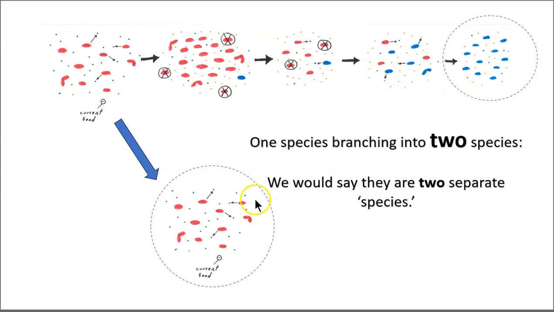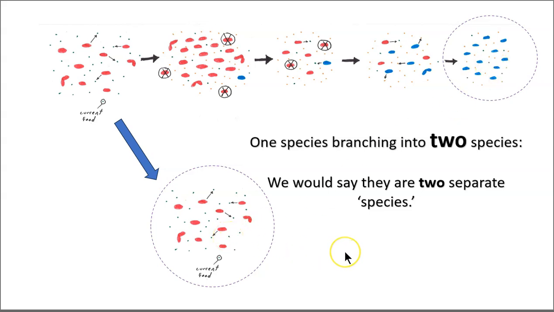Now, bacteria are a little bit different than plants and animals. Plants and animals reproduce sexually. And if this founding population was an animal or a plant species, then the idea is if they get separated in different environments for long enough, and we tried to mate the individuals from both populations, that would fail. At that point, we would say they are separate species.